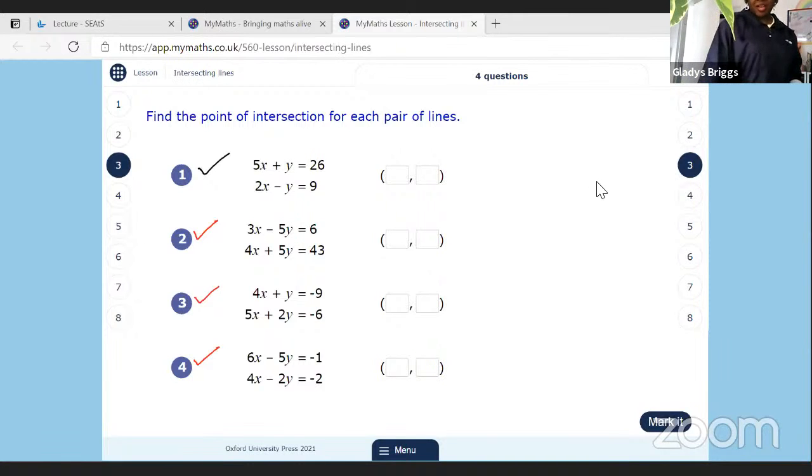I'm not sure how that will work, but if you want to do it again to improve your grade, I don't know how that will work, to be honest.